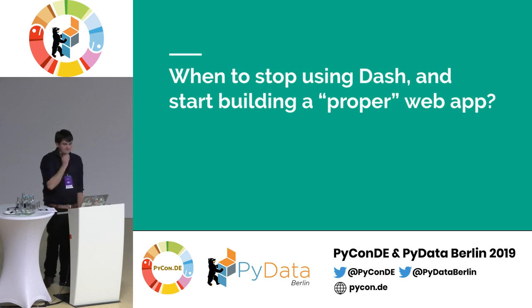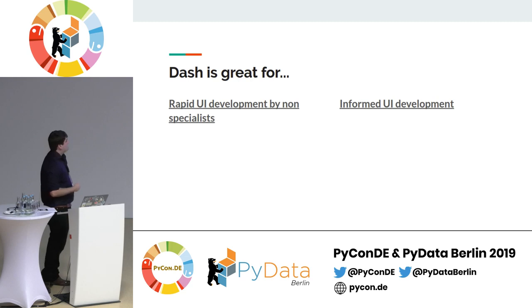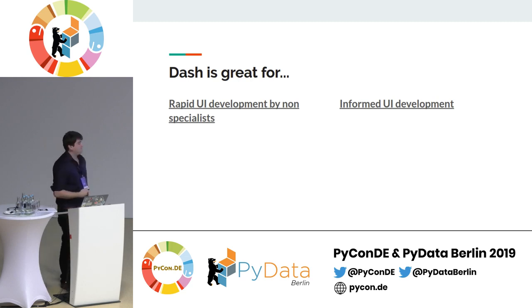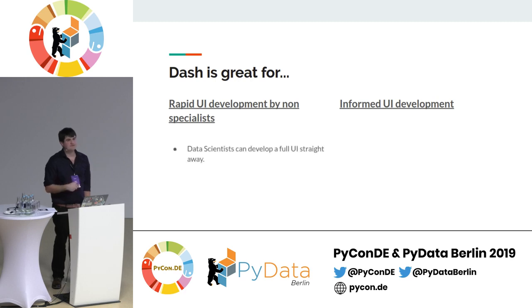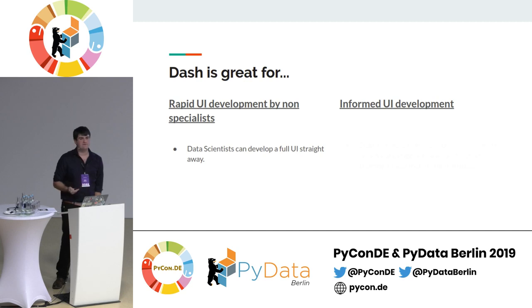But just before we finish, I think a really important thing to discuss is when you want to stop using Dash and start building a more advanced or more involved, I use inverted commas here, proper web application. Just to summarize, Dash is really good for rapid UI development by non-specialists. Data scientists can get an application up and running without specialist knowledge really, really quickly.